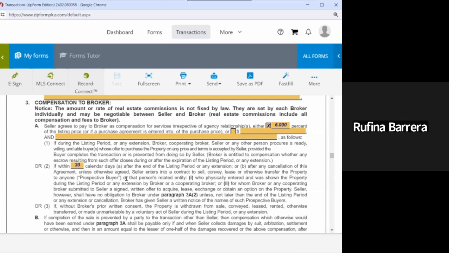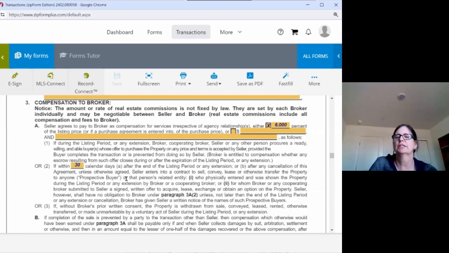If we as listing agents incur expenses, I have no idea what kind of expenses that would be, but just in case we have expenses that we have made, could we ask for those expenses? Well, you could ask. They wouldn't have to say yes.